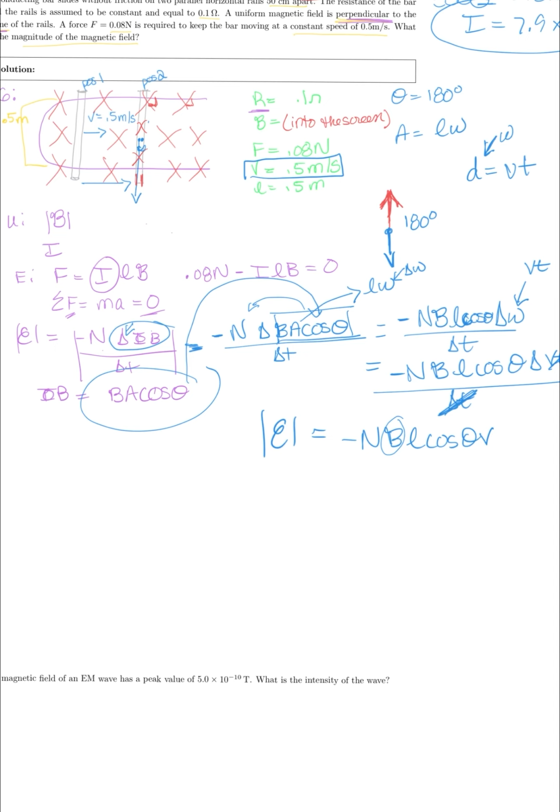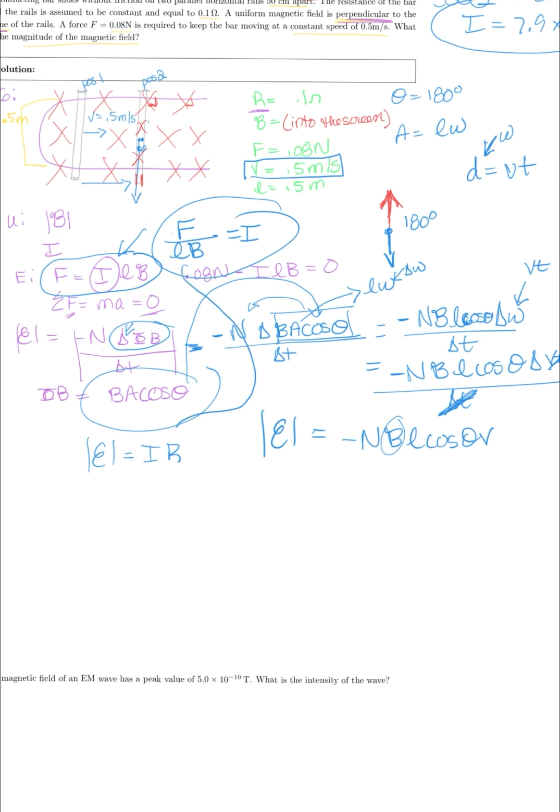But before we do that, because our EMF is equal to I times R, and we have I up here, what if we solve in terms of I. We said force divided by LB equals I. So then we put this in here.